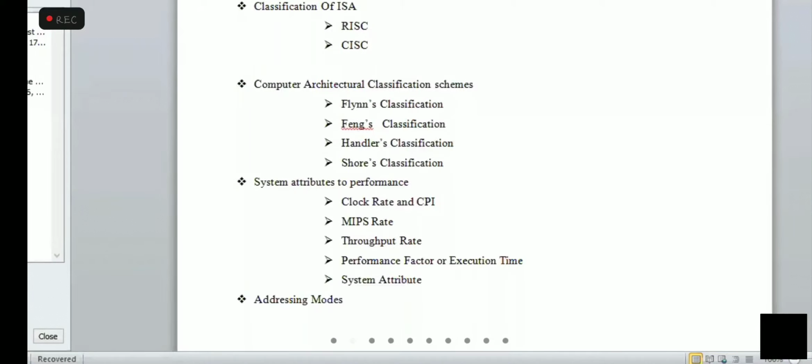There are some parameters on the basis of which we calculate the performance of the system. So some terms related to system performance are clock rate and CPI, MIPS rate, throughput rate, performance factor or execution time, and system attributes. These all are parameters.